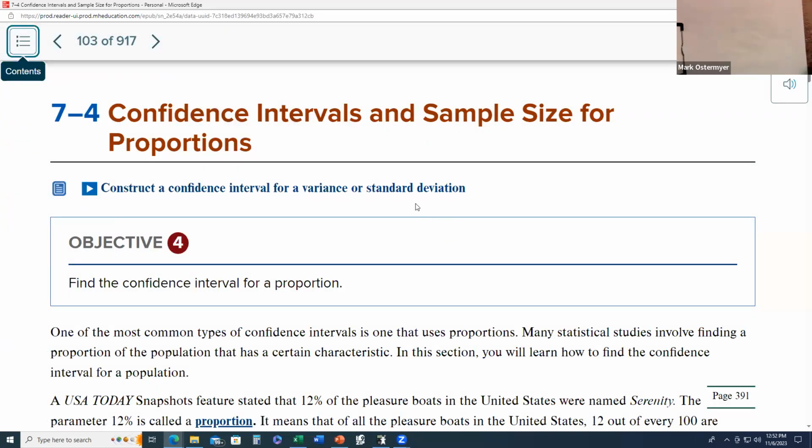It's entitled Confidence Intervals and Sample Size for Proportions.